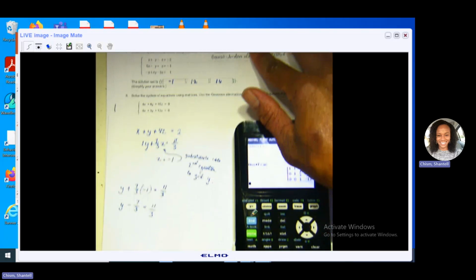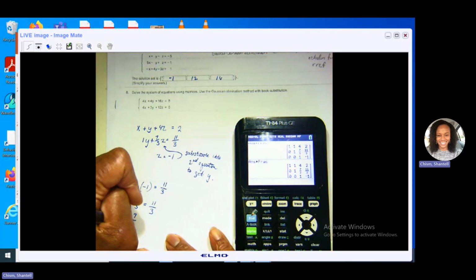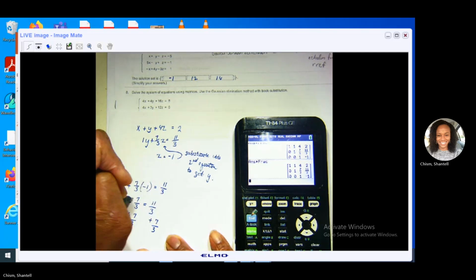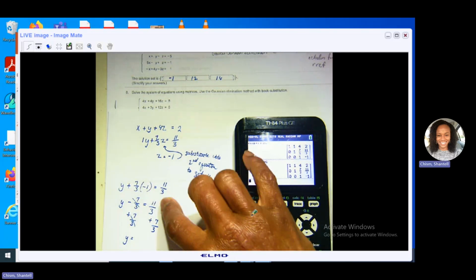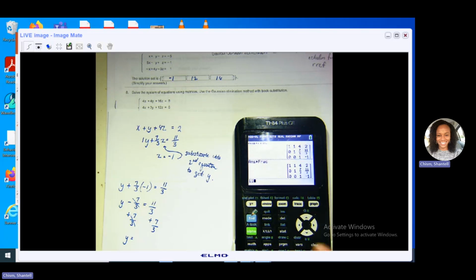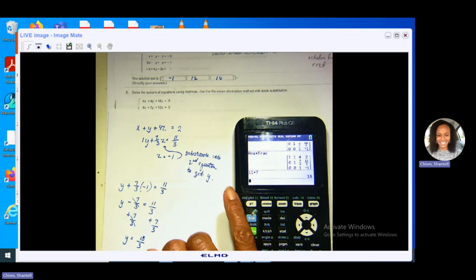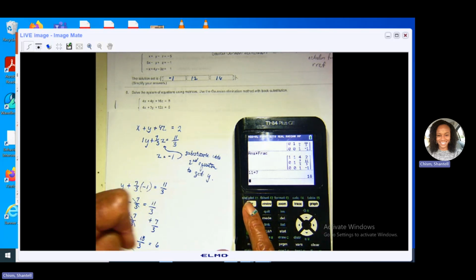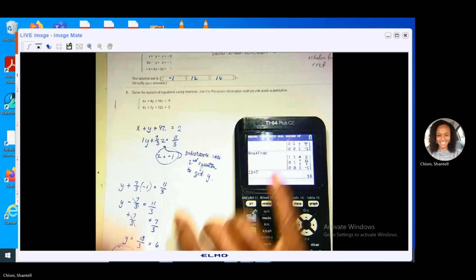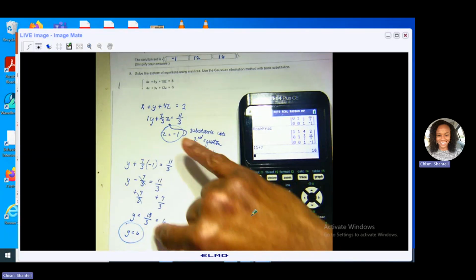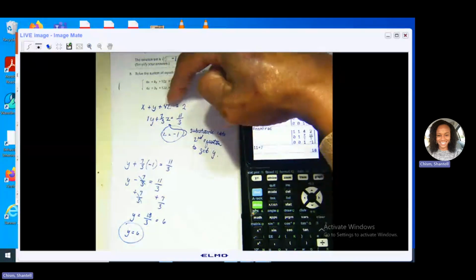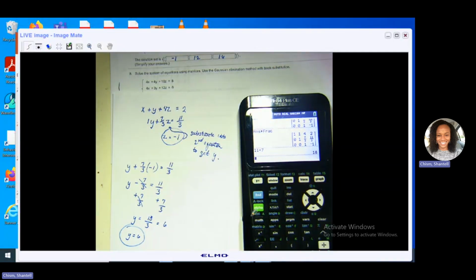Then I would add 7/3, so 11 plus 7 is 18 over 3, 18/3, which would be 6. So I would finally get the value of y, and I have z. Then I would plug those into the first equation to finally get the x. So it would take a little bit more work. Why not just let the calculator do it all for you? So that's what we're going to do.